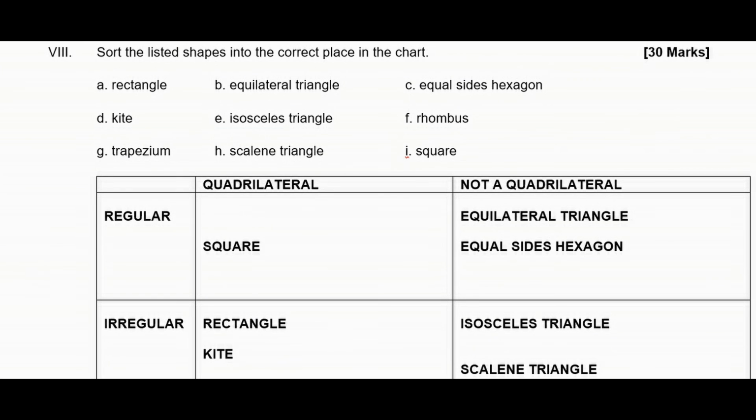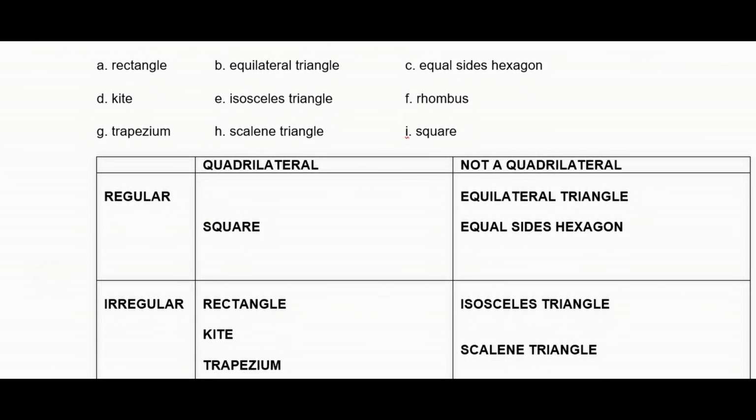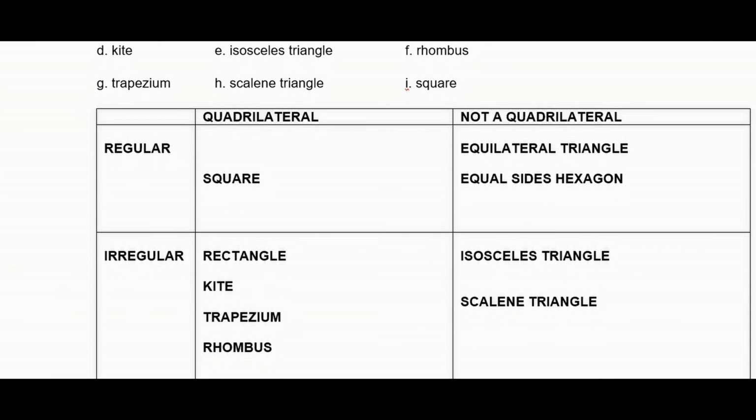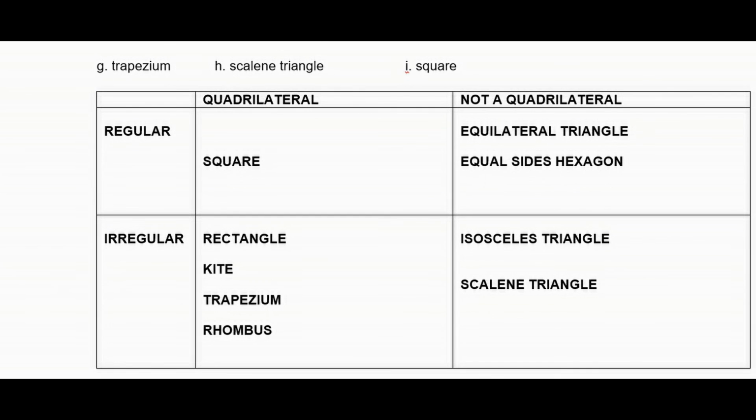It says we had to organize these different concepts in this chart, whether they were quadrilateral, not a quadrilateral, whether they were regular shapes or irregular shapes. Regular means all the sides are equal.